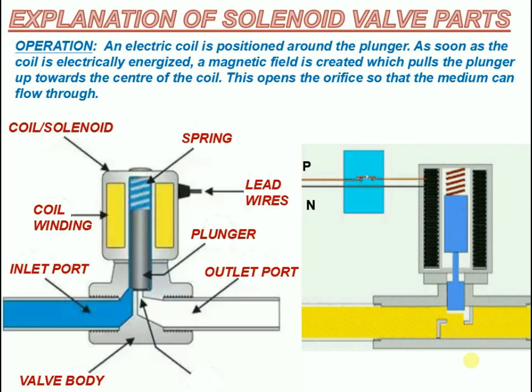This action of the spring against the magnetic field helps keeping the plunger in the position where the flow of current to the solenoid valve is stopped. The spring performs very crucial action inside the hollow space.